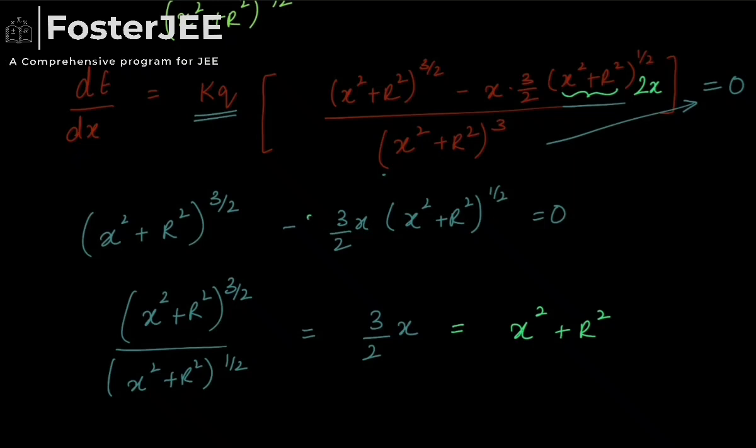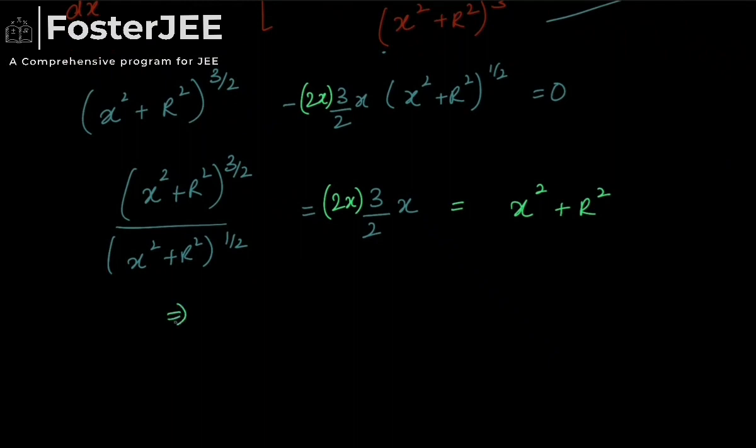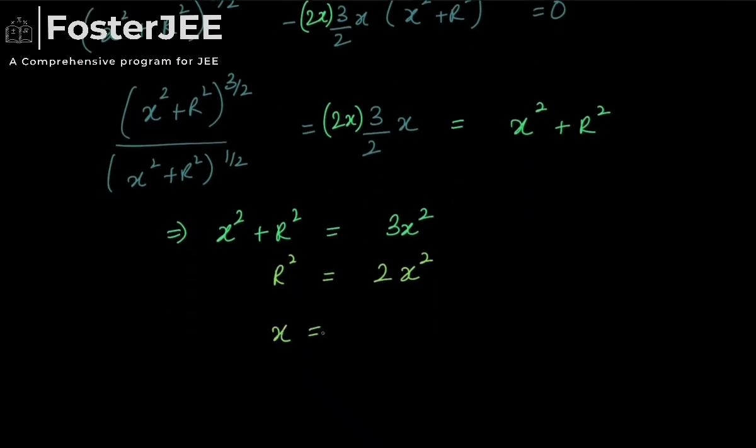So it becomes 2x times this, which implies that x square plus r square is equal to 3x square. Simplifying further, we get r square is equal to 2x square, and from here we get the value of x as r upon plus minus root 2.